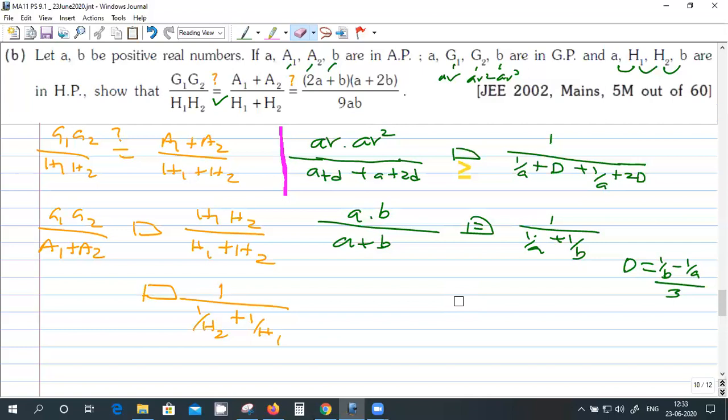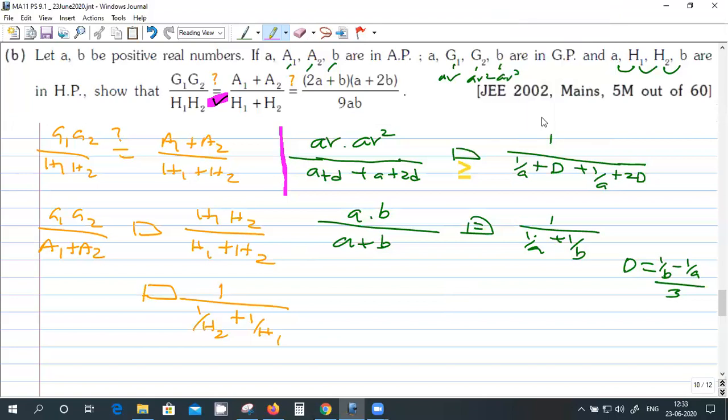So A1 plus A2 divided by H1 plus H2. So this equality is proved, no?